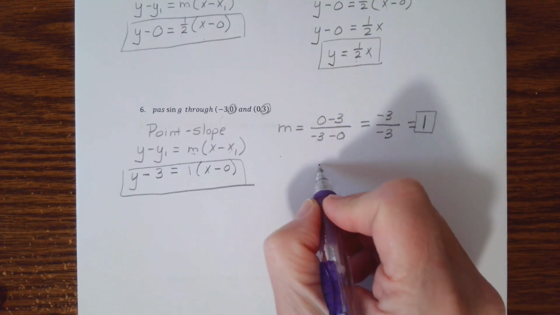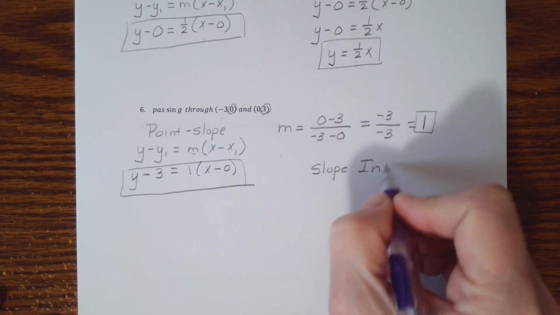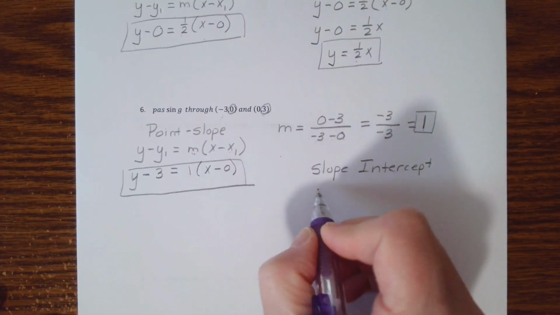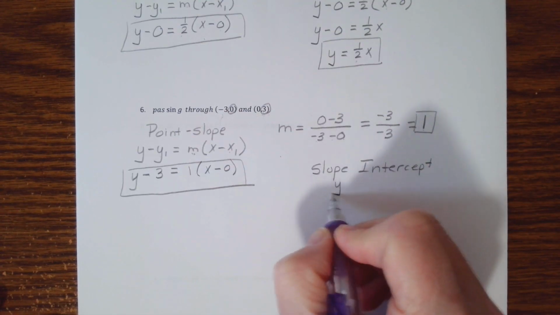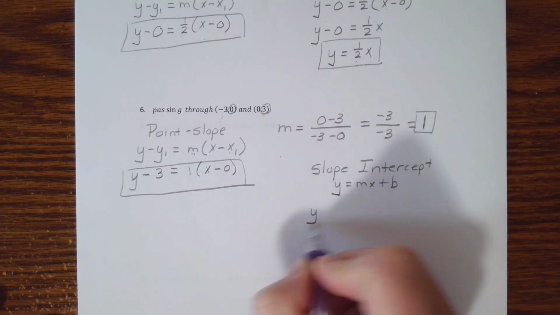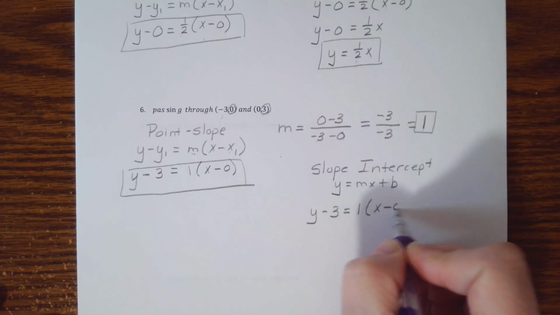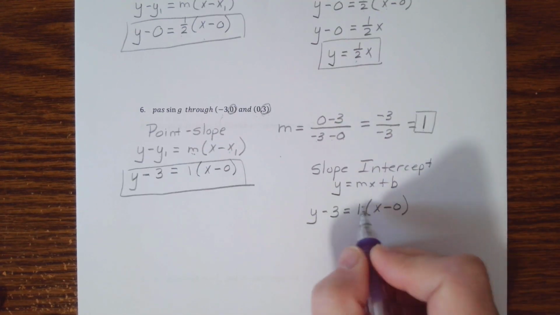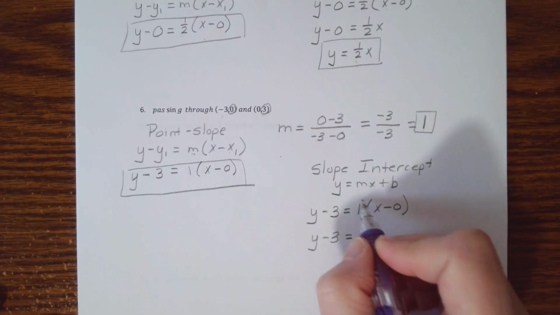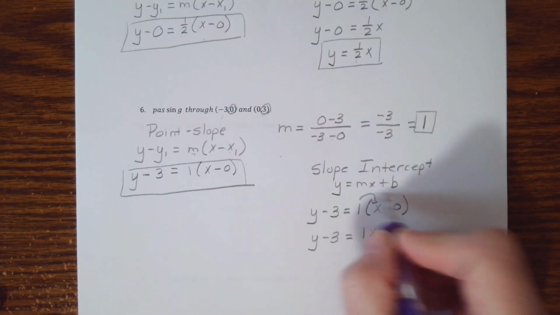So if I'm going to use my slope intercept form, I'm going to use that first, which is y is equal to mx plus b. I'm going to go y minus 3 is equal to 1 times x minus 0. I'm going to distribute first. So y minus 3 is equal to 1 times x, which is 1x minus 1 times 0.